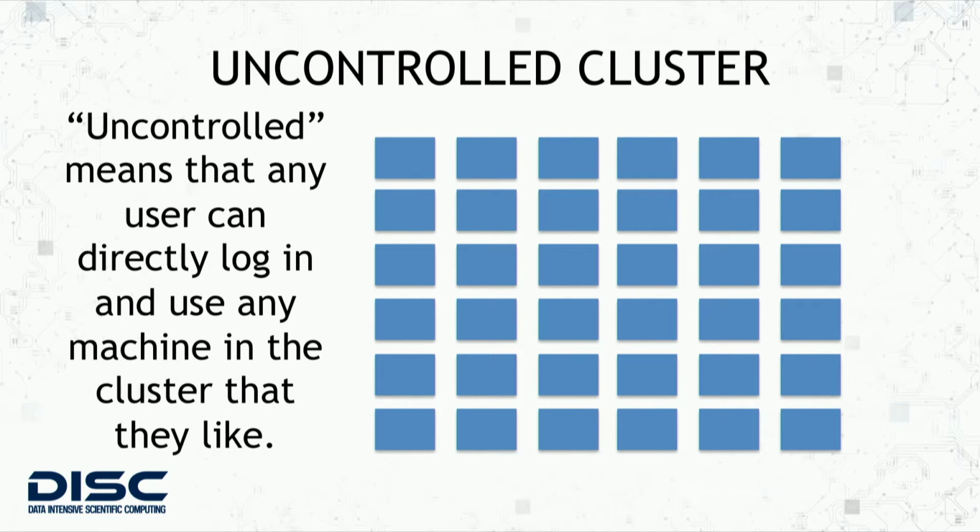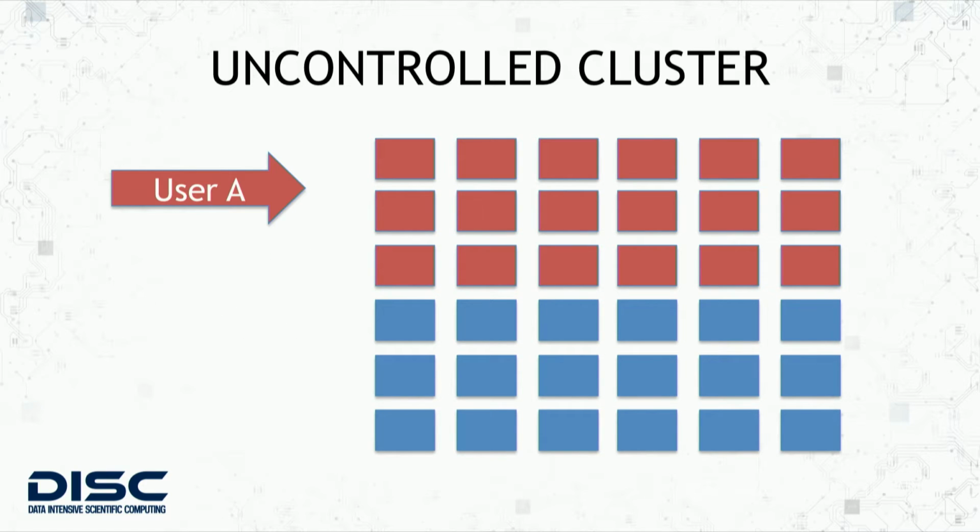So suppose that we have an uncontrolled cluster such that anybody could just log in and use whatever machines they wanted in the cluster whenever they wanted to. Here's our picture of a cluster again. Now suppose user A comes in and wants to use half of the cluster. Just by convention, user A picks the machines from beginning to end and takes half of those machines, and for the moment A is happy simply because nobody else is using the cluster.